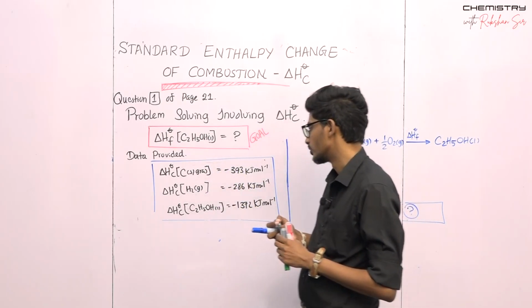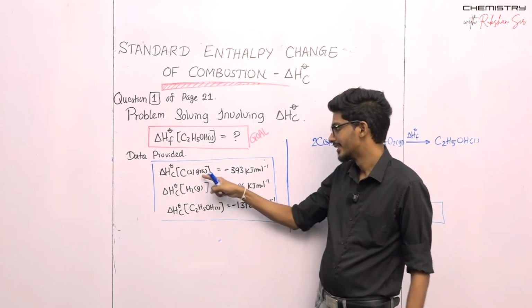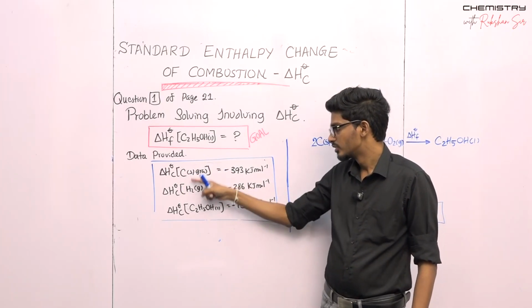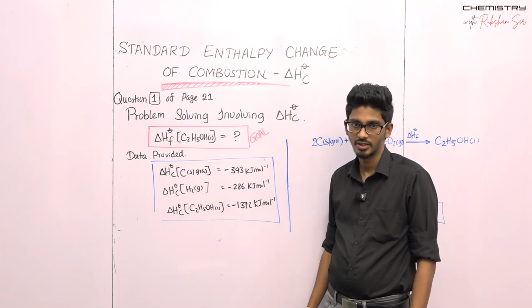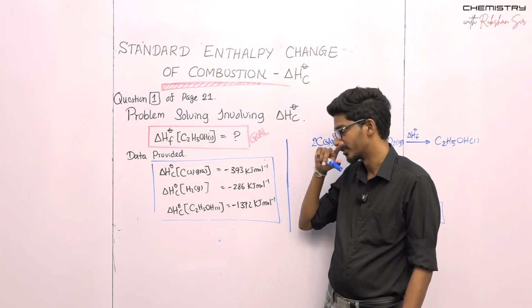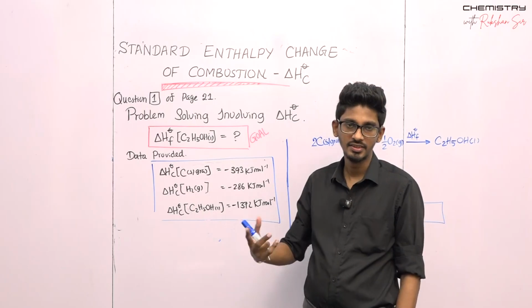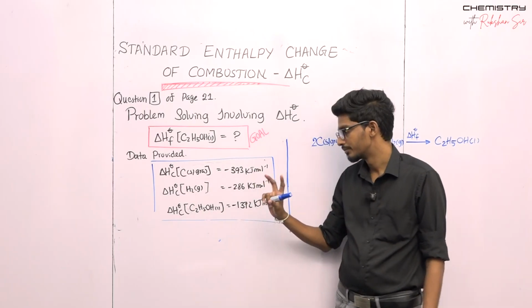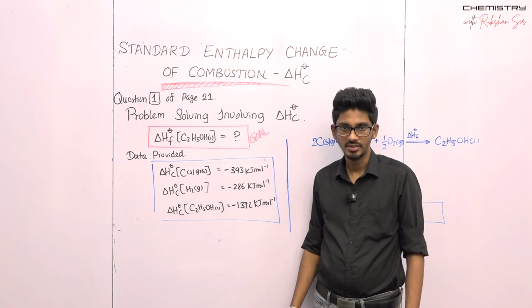Combustion data involves the species to combust and the respective oxides at the other side.